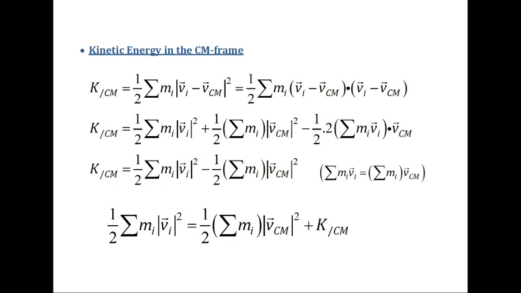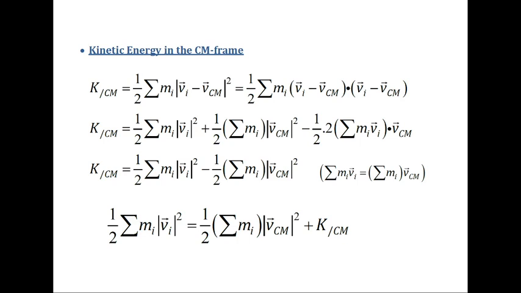The kinetic energy in the CM frame can also be reduced to a particular formula by some mathematical calculation. So we start with this. This is the definition of the kinetic energy in the CM frame: if you have velocities of the particles in a lab frame, you subtract the velocity of the CM, and you get the individual velocities in the CM frame.